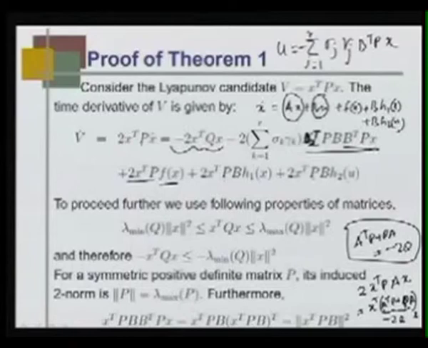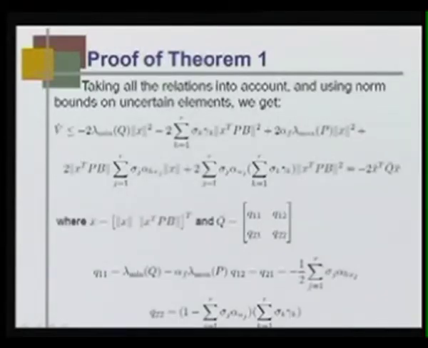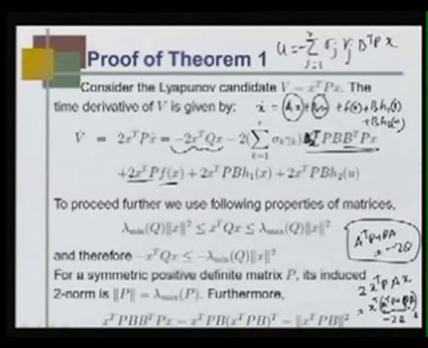This is matrix theory. Taking all the relations into account and using norm bounds on the uncertain elements, earlier we got V dot as this. Using the norm bound, this is less than this quantity, and similarly each of the others is less than its own norm bound.